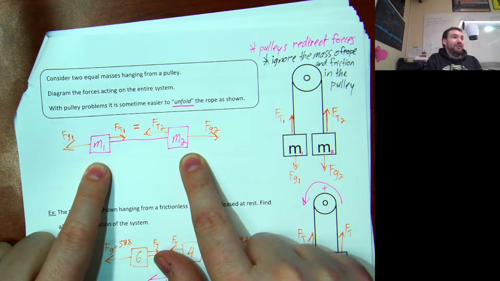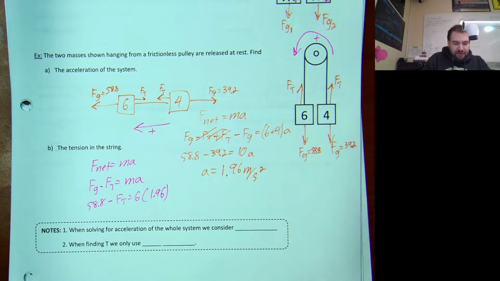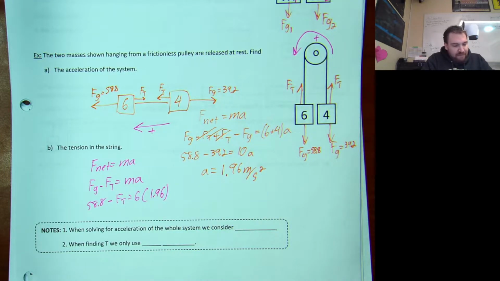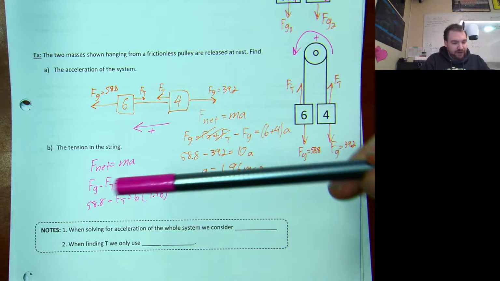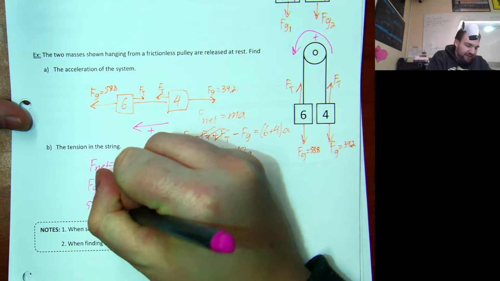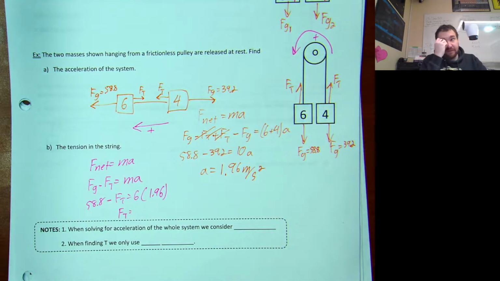So that's effectively all you missed yesterday. We were in the process of going through this example using these masses, 6 and 4. We were almost done, and then the bell went. The tension in the string is what we were looking for here. Did anyone calculate this final value, and then I just didn't take it from you before we left?